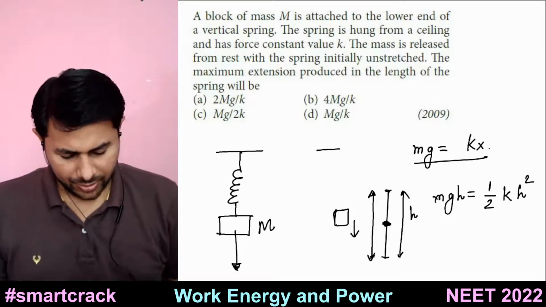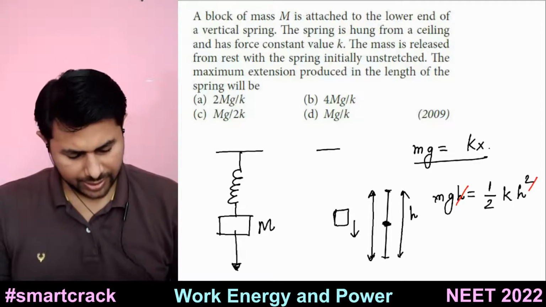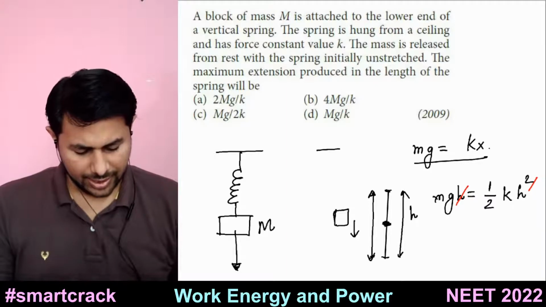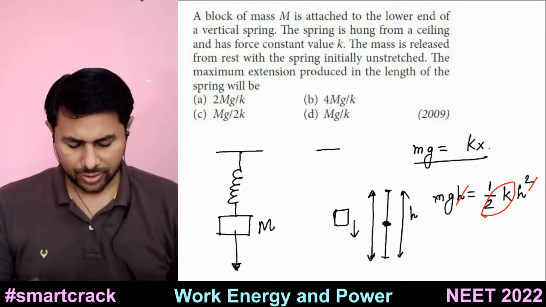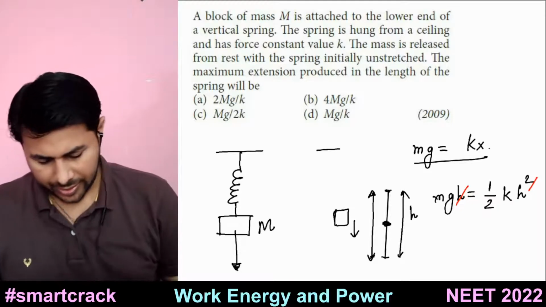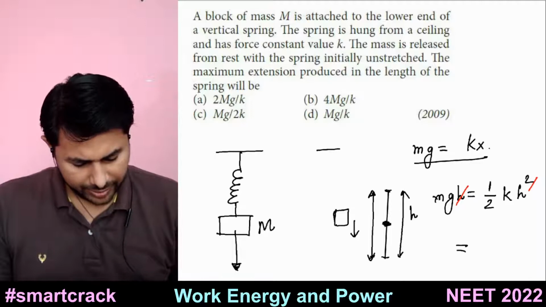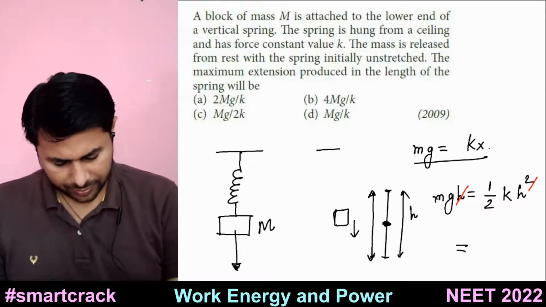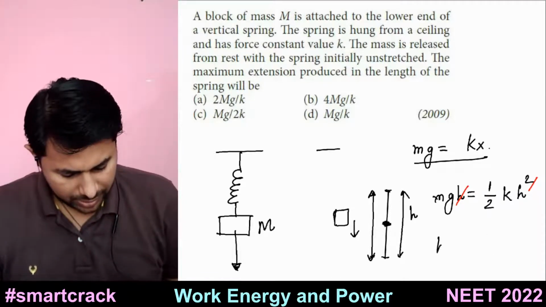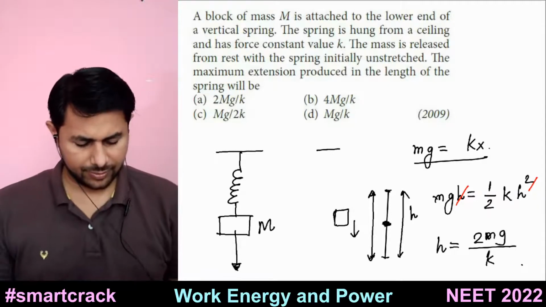You can cancel out this h with the square, and take the 2 and k to the other side. So we get h equals 2mg divided by k.